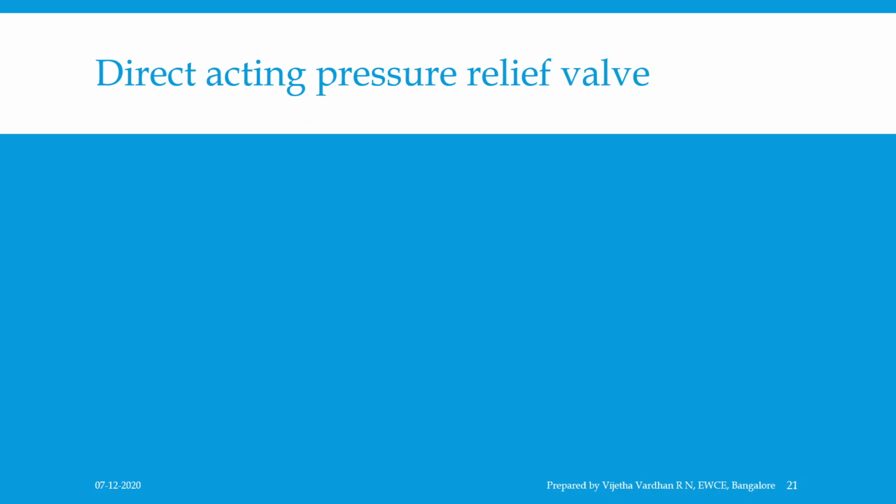When the fluid pressure reaches the preset pressure, the poppet is forced to open from its seat and the fluid flows to the tank through the outlet port. When the pressure of the fluid is less than or equal to the spring pressure, the valve remains closed to the tank and the fluid flows to the system.